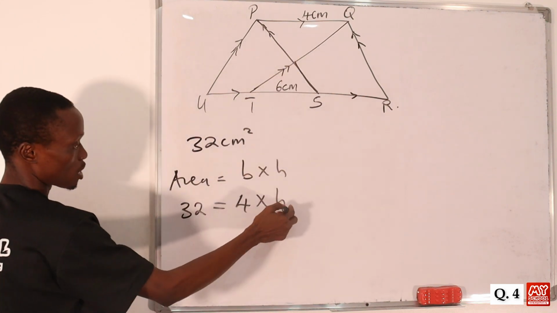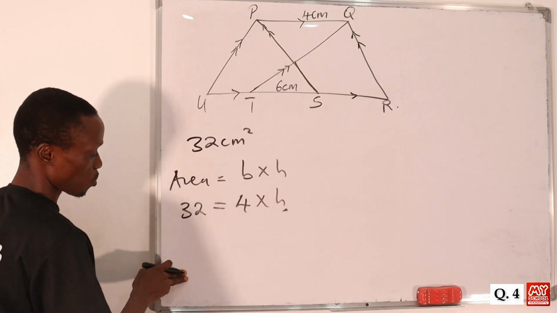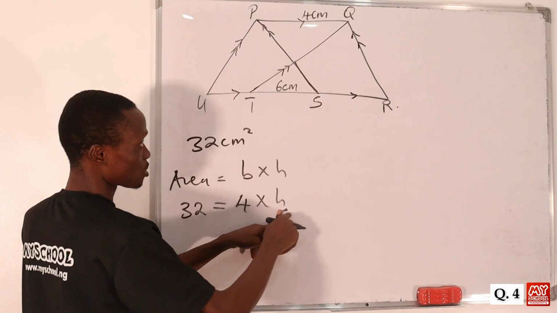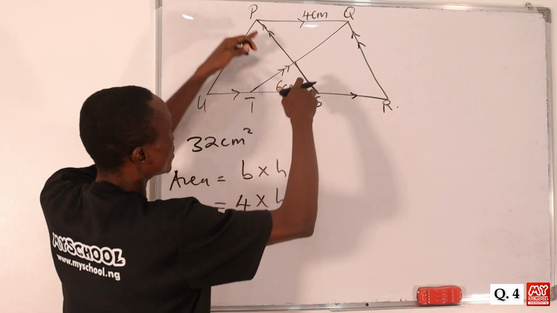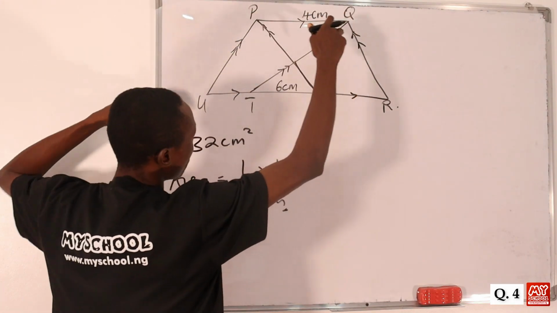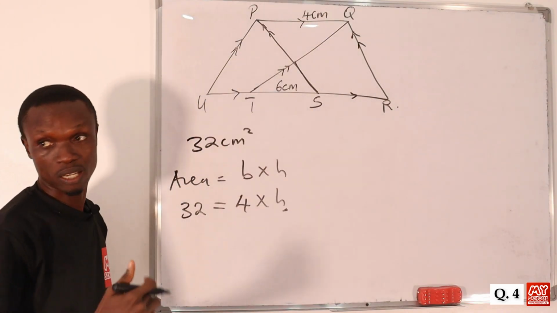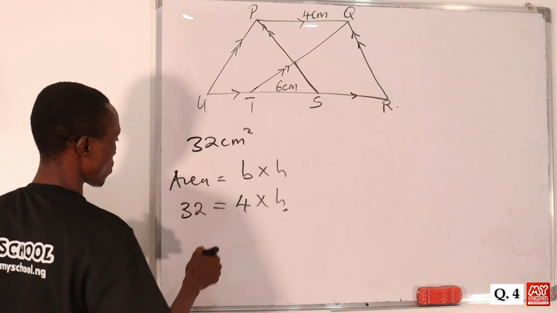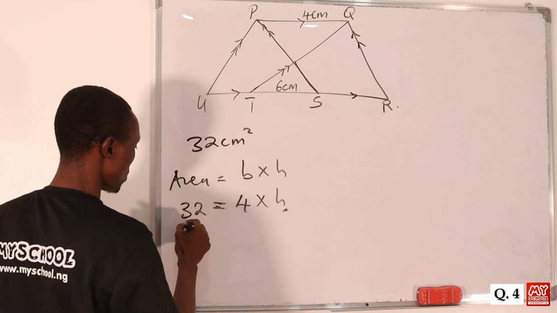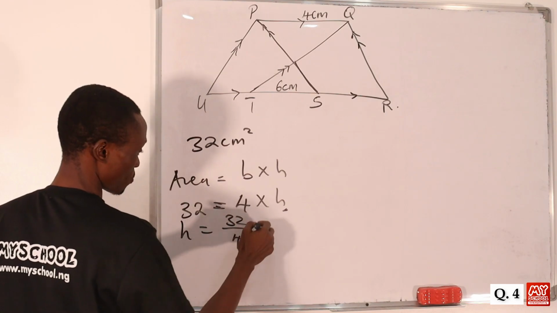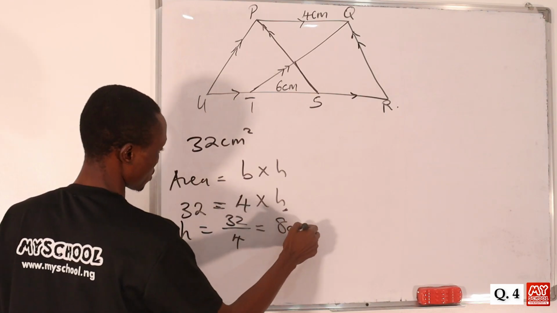So from here we can calculate the height. Remember that this height actually represents the height of the trapezium that we will be calculating the area for. So h is equal to 32 divided by 4, and this is equal to 8 centimeters.